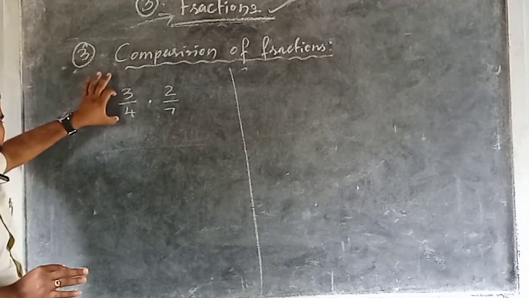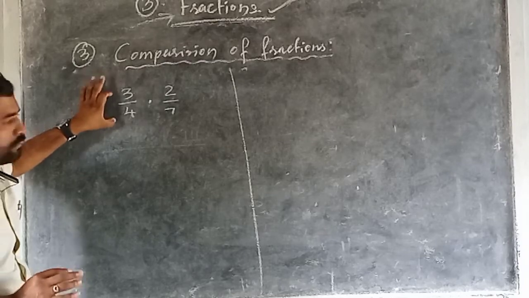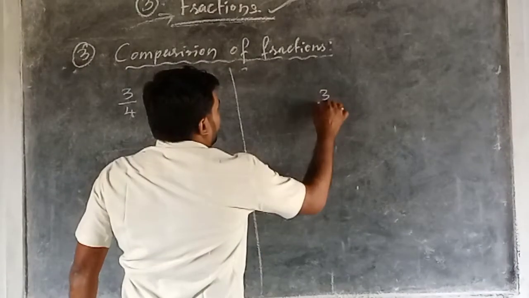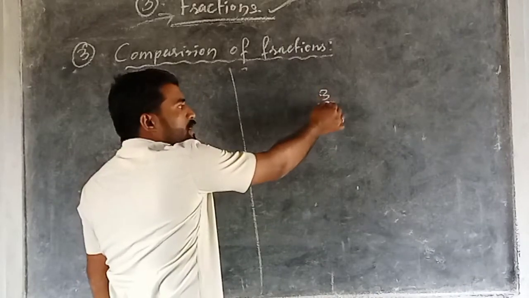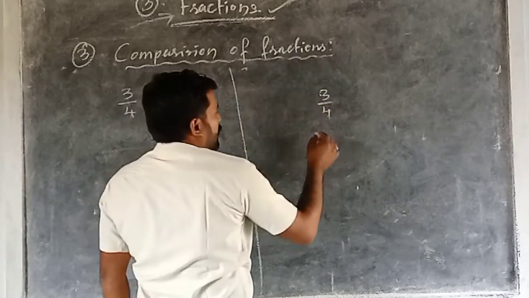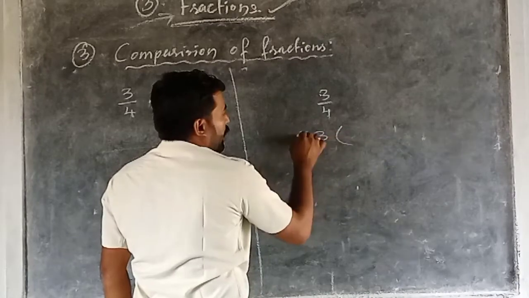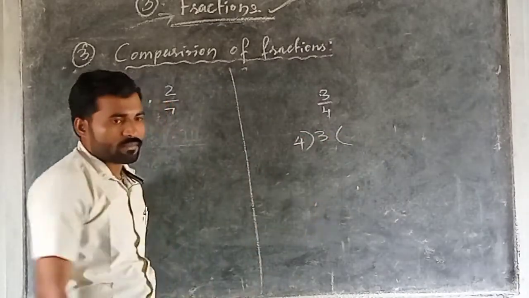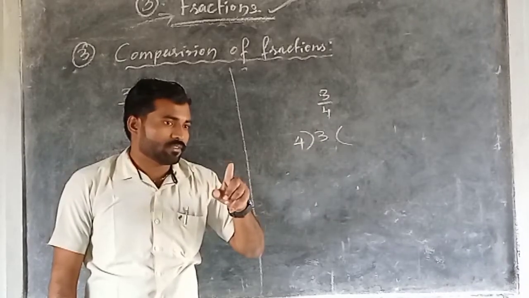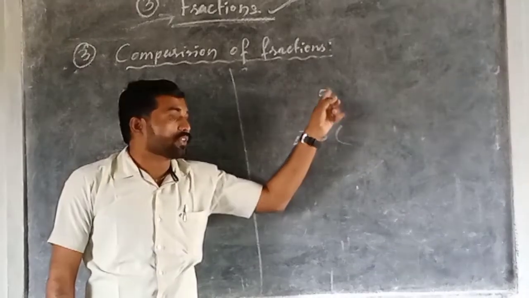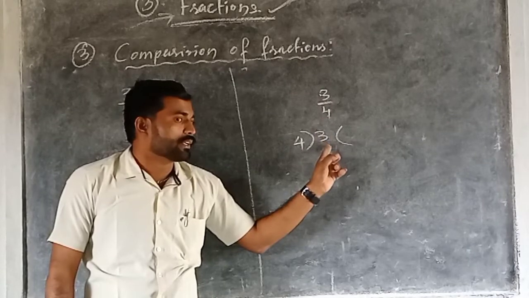Take the first fraction 3 by 4 and divide. 3 by 4 means 3 is divided by 4. Let us write 3 is divided by 4. Don't write it reversed. In 3 by 4, the numerator is written in the middle, as the dividend. Somebody will make a mistake here.